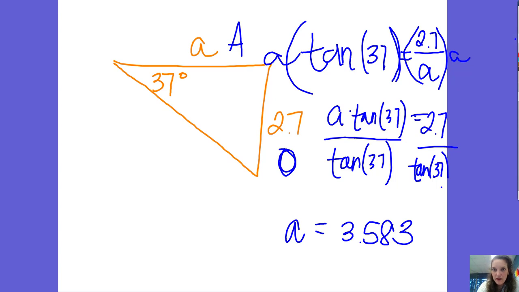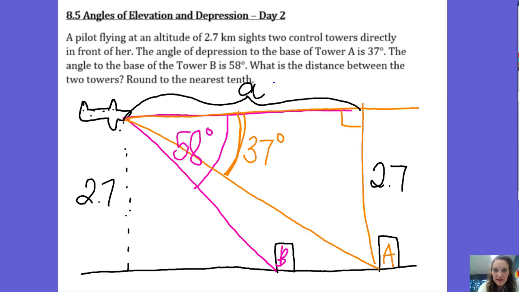Okay, so back to the problem. This up here is now 3.583.